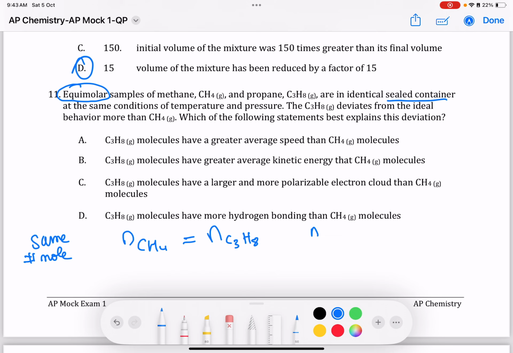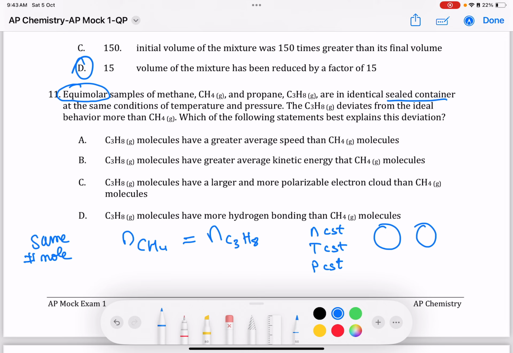So N is the same. I have two containers at the same conditions of temperature and pressure. Now, since moles, temperature, and pressure are the same, definitely they will have the same volume.